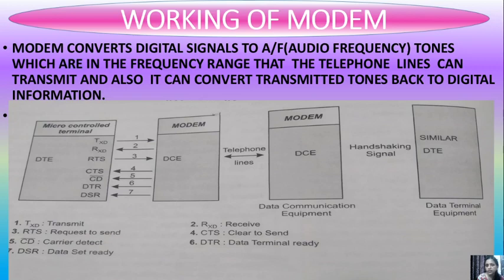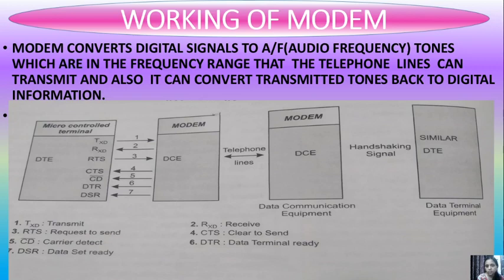In between there are two boxes where it is written modem or DCE, data communication equipment. So this image is also showing the same concept I showed in the previous slide. And in between these two modems it is written telephone lines.